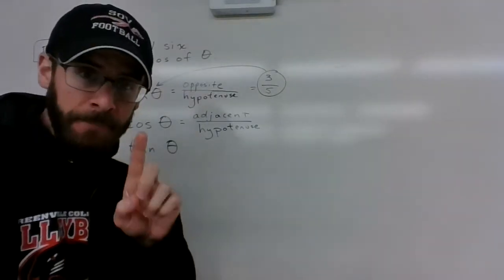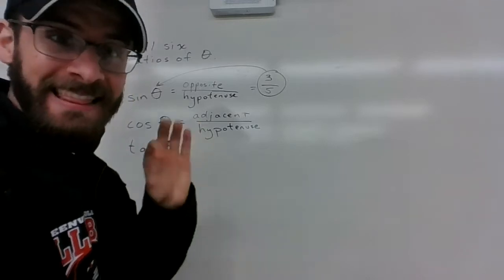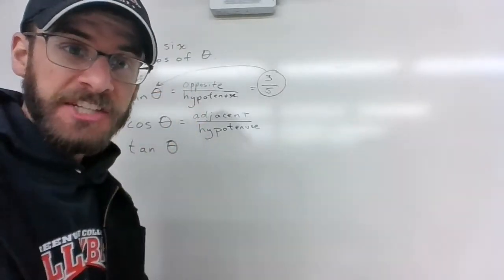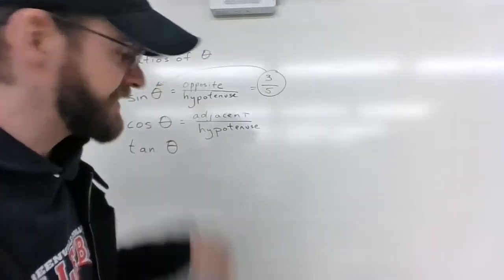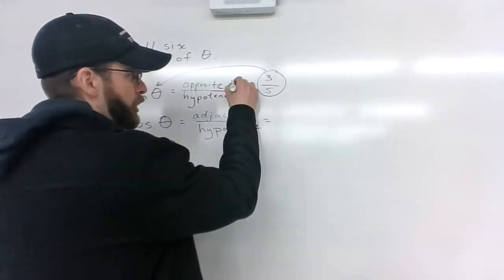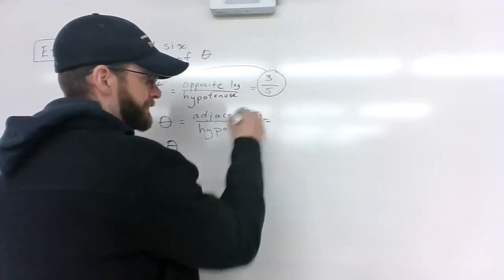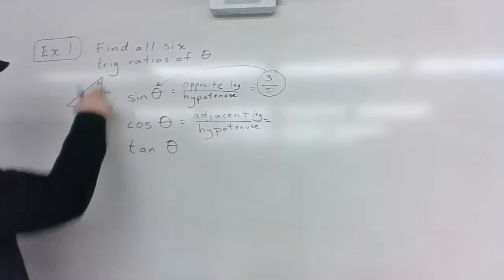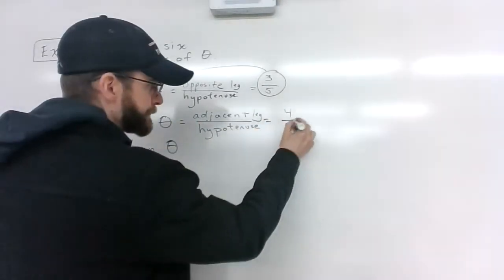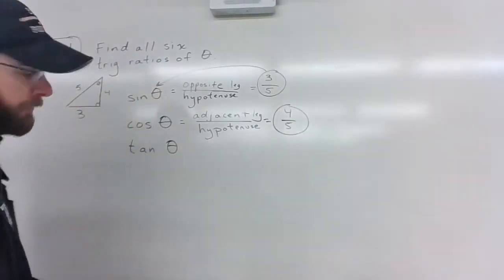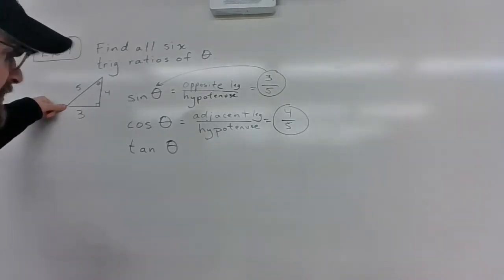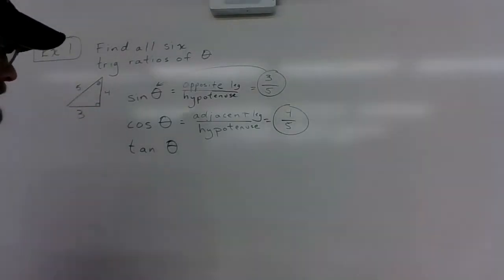Technically, yes, but we're always talking legs when it's opposite and adjacent, okay? So that's the adjacent leg. This is the opposite leg. So the adjacent leg in this case is 4. The hypotenuse again is 5. And like I said before, if theta were down here, then the cosine of that theta would be 3/5.